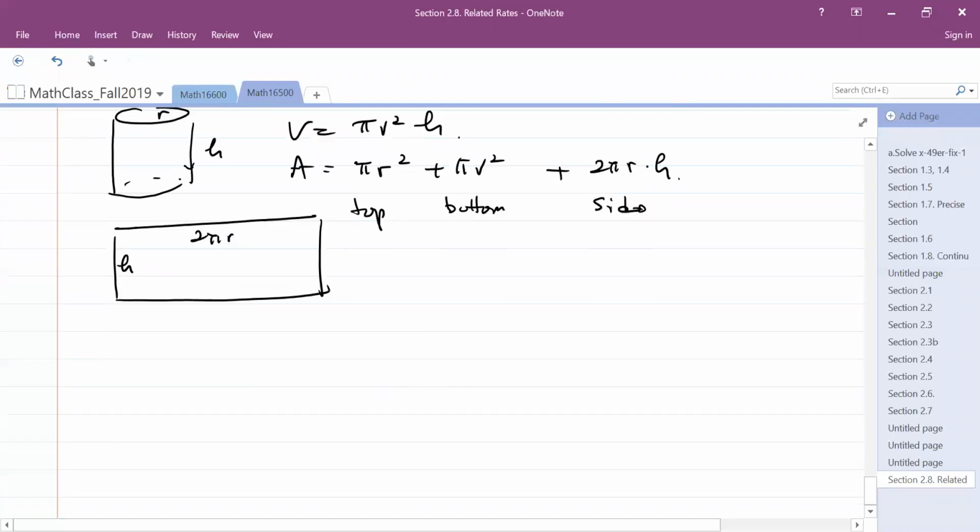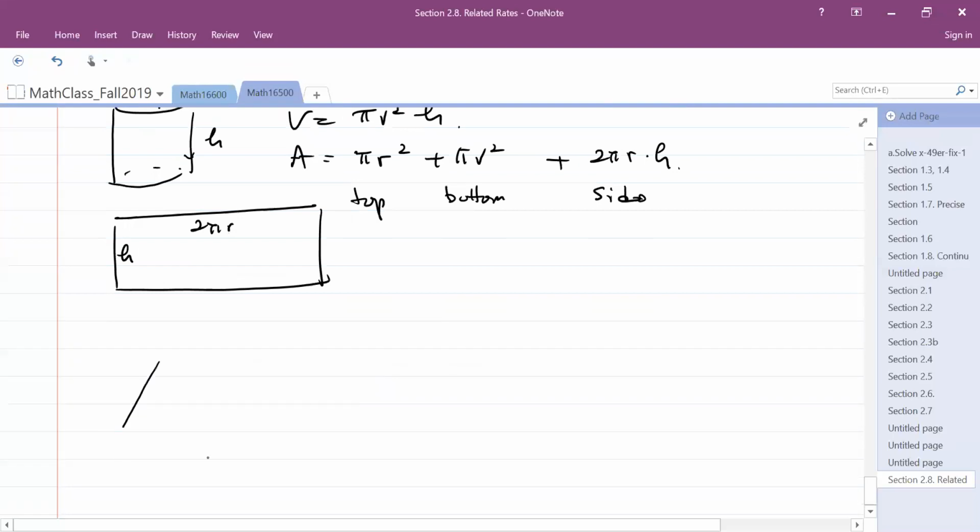Then you have a cone. The cone also has a height and a radius. The cone, of course, is smaller and is contained in the cylinder. So the volume of the cone shouldn't be just pi r squared times h, because that is actually the volume of the cylinder with radius r.